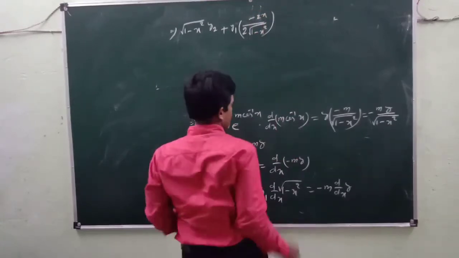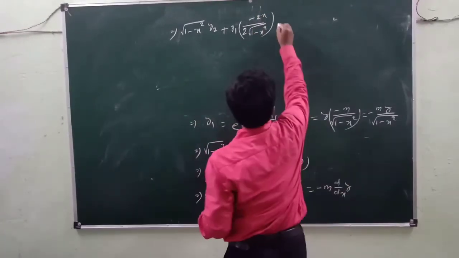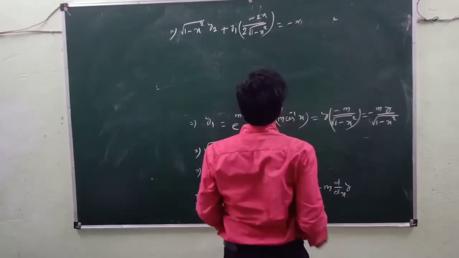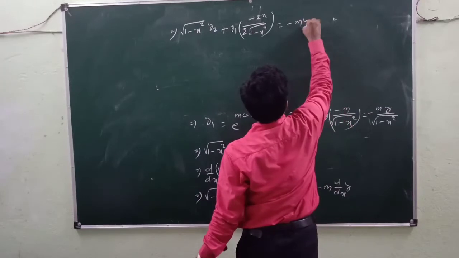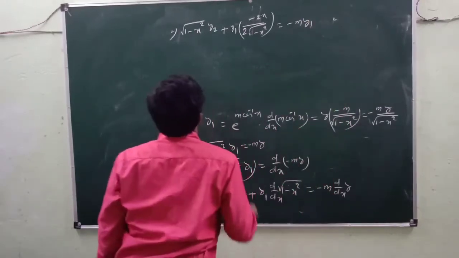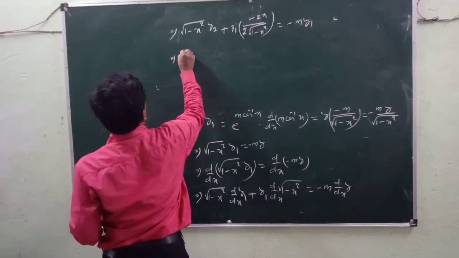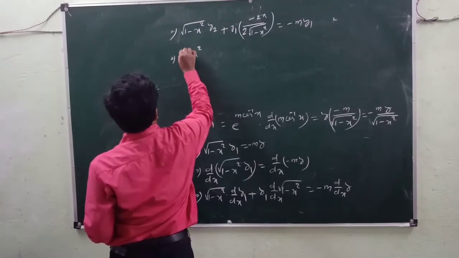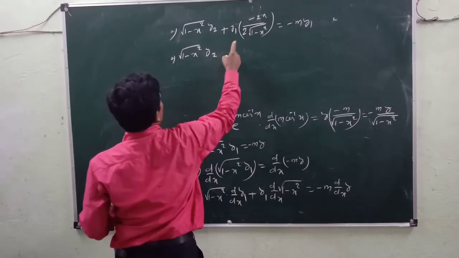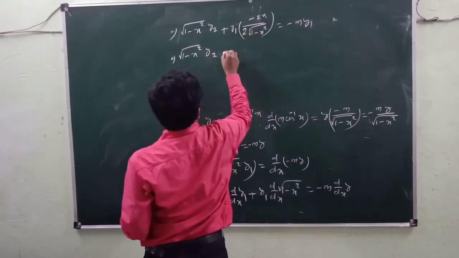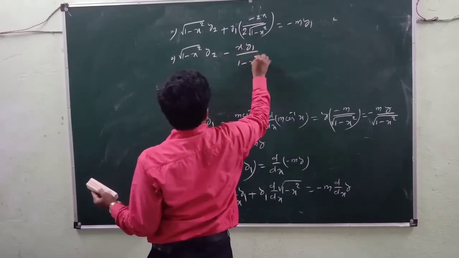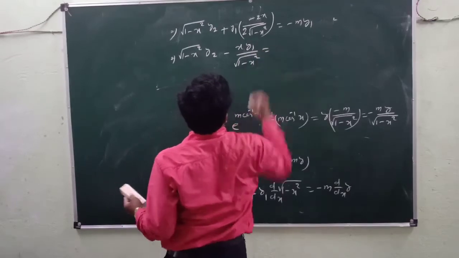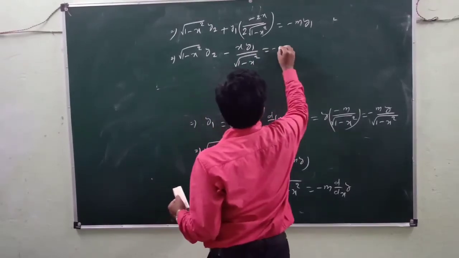Then it will be that equal to minus m into y1, that implies square root of 1 minus x square into y2. Then here 2 cancel, minus x y1 by square root of 1 minus x square, that equal to minus m.